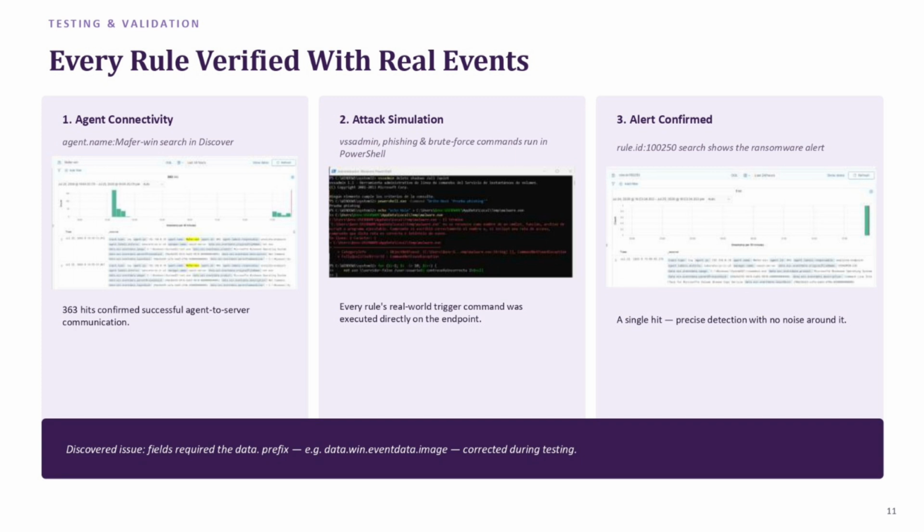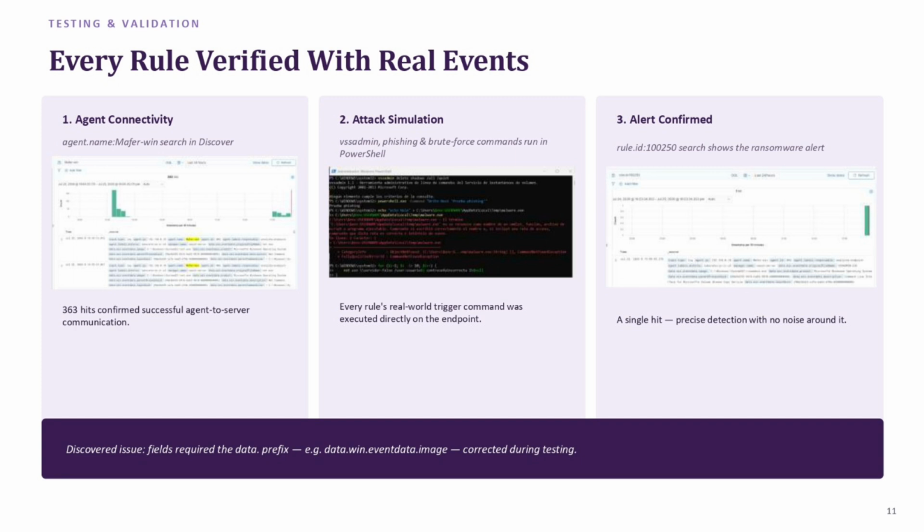Second, I simulated real attacks. For example, I executed commands in PowerShell, and I also simulated the phishing and the brute force scenarios. Third, I confirmed the alert appeared correctly, searching for the specific rule ID. As you can see, it generated exactly one hit, a very precise detection with no extra noise.